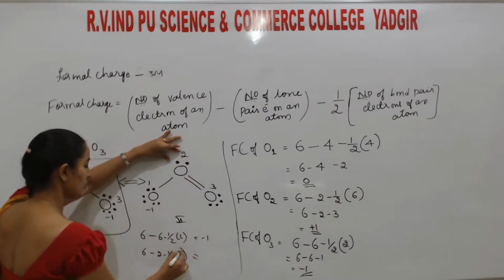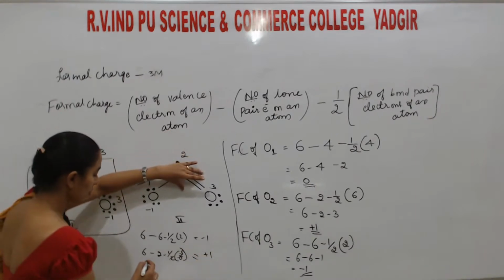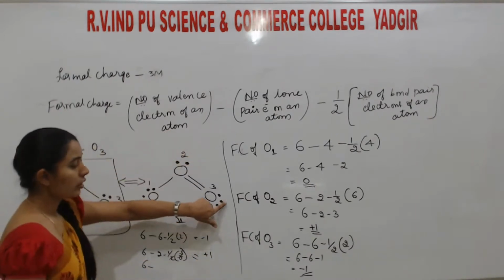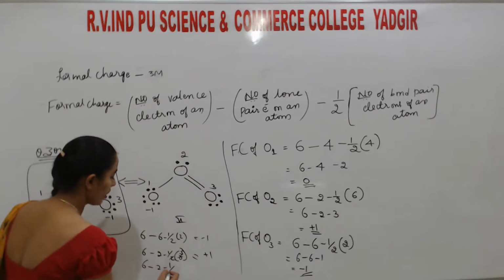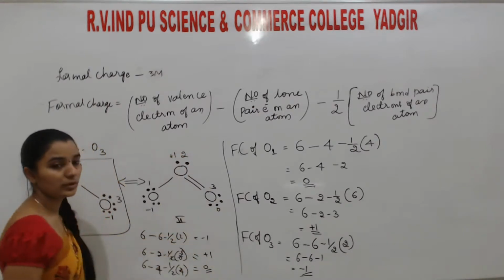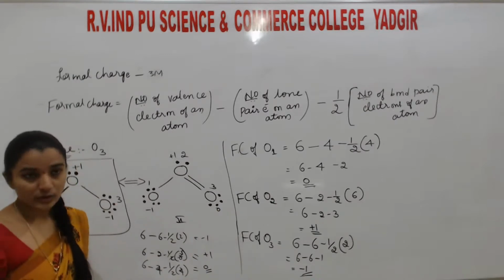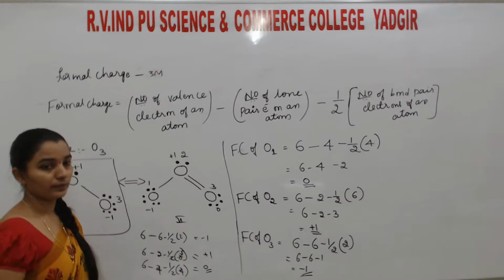So this is 6 minus 5, meaning plus 1. For oxygen atom 3, the number of valence electrons is 6, lone pair electrons are 2, and the bonded electrons are 4, so you will get 0. Here it is plus 1, here it is 0. This is how to find the charge on an atom.